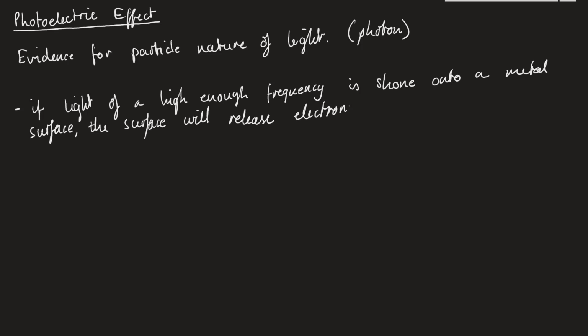This is quite a weird thing. Just firing light energy, usually ultraviolet, onto a metal surface can cause electrons to be emitted from the surface of that metal.